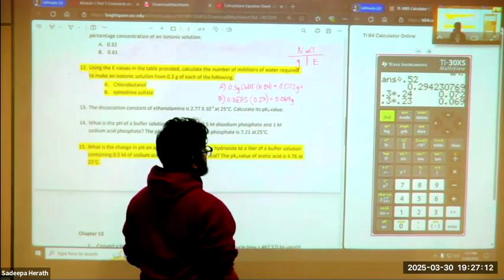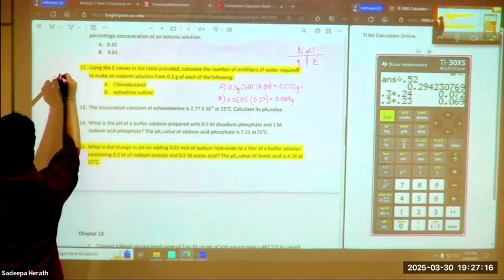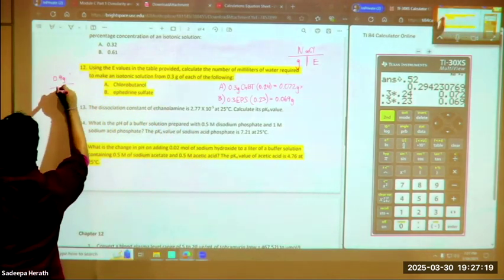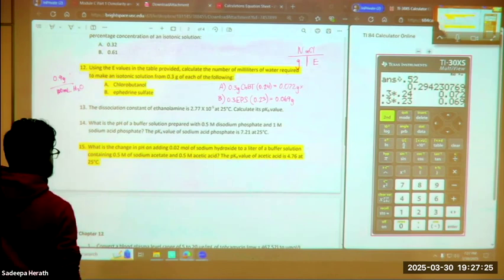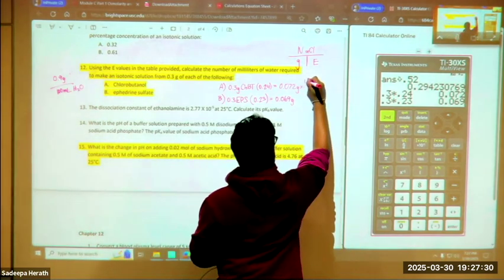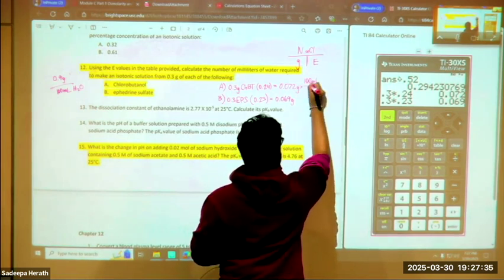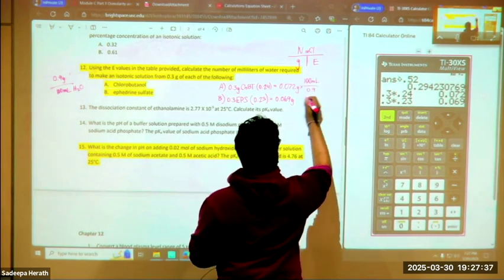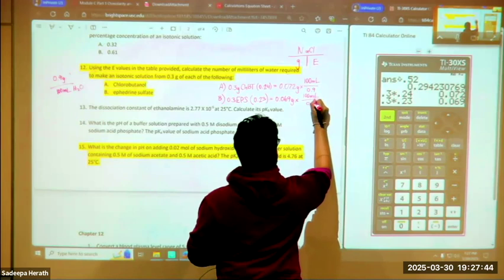So we have grams of this, and it's 0.9 grams of NaCl per 100 mLs water. So we just flip that out to get water. That's what we want. 100 mL divided by 0.9. Same goes here. 100 mL over 0.9.